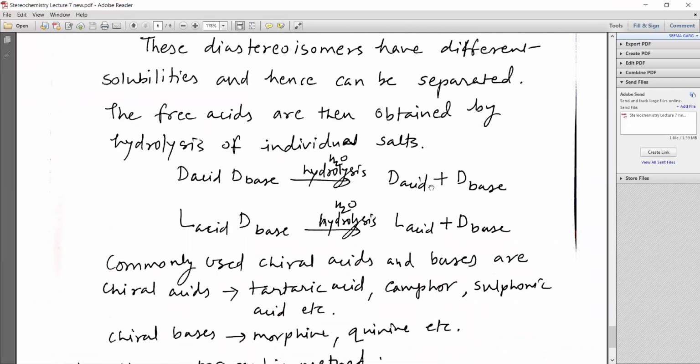So these are hydrolyzed, and we will get the separate D and L acids. Commonly used chiral acids and bases are as follows: chiral acids are tartaric acid, camphor sulfonic acid, etc. Chiral bases are morphine, quinine, etc.